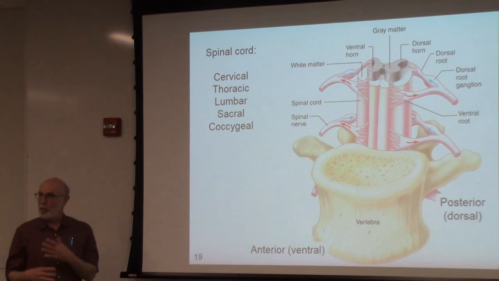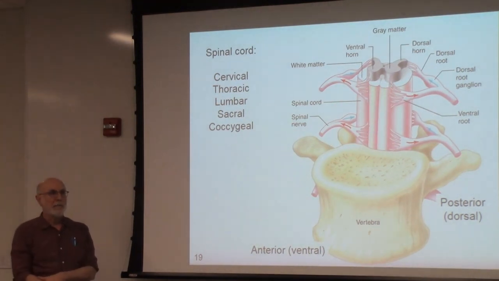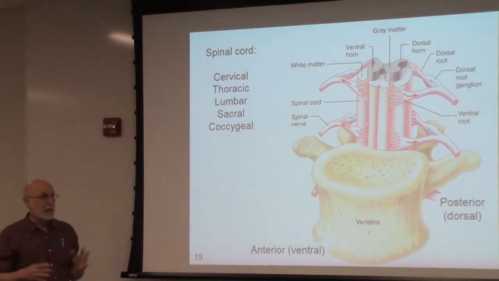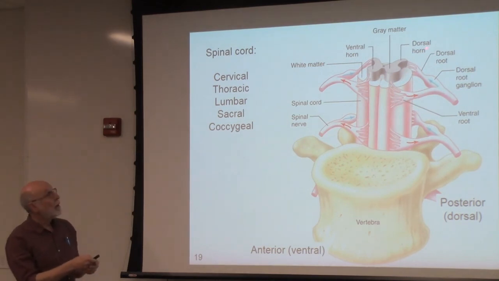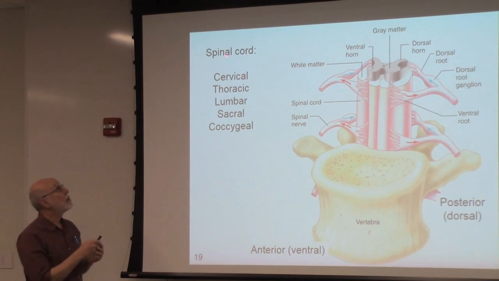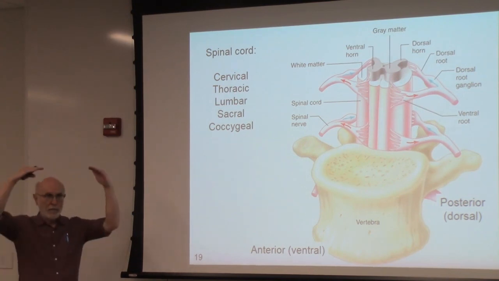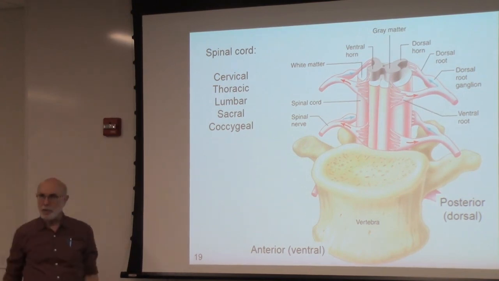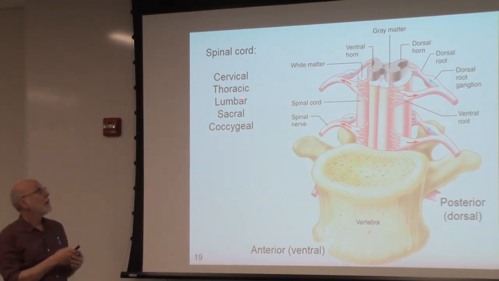Those words were part of a coloring book assignment. I'm just mentioning them here. We'll talk about all of this later. I just want you to know the divisions from superior to inferior of the spinal cord. Cervical, thoracic, lumbar, sacral, coccygeal.